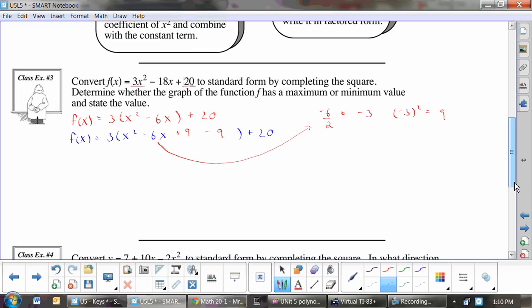Okay? So the next step is that we want to start completing our square, right? But we can't do that when we have a plus 9 and negative 9 in there, right? So what we're going to do is bring our negative 9 out of the brackets. So we go negative 9 times 3, and we stick it on the end. So it'll look like, okay, squared is equal to 3.